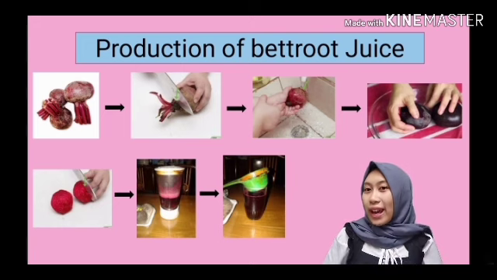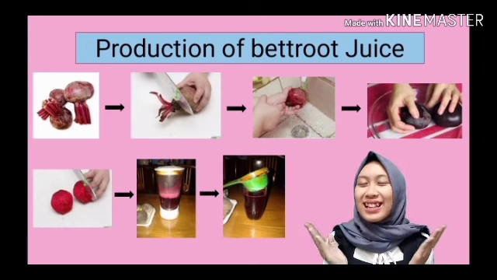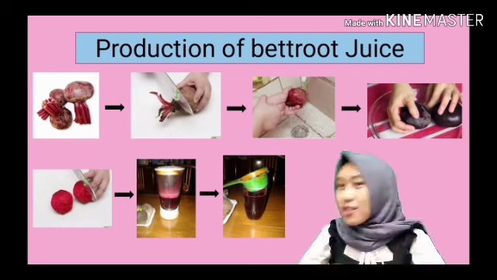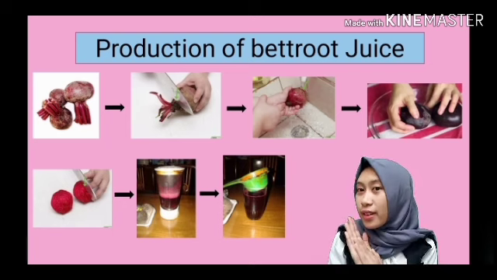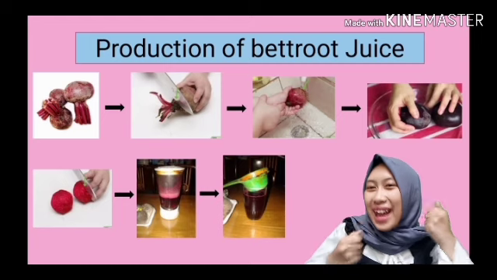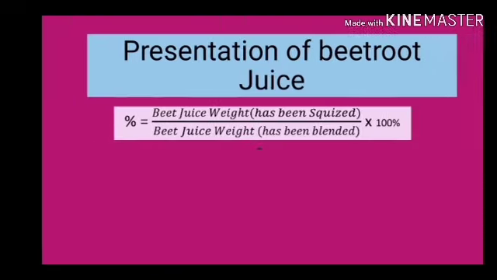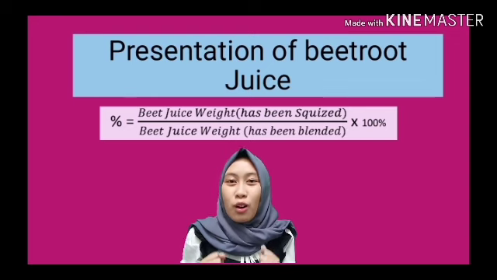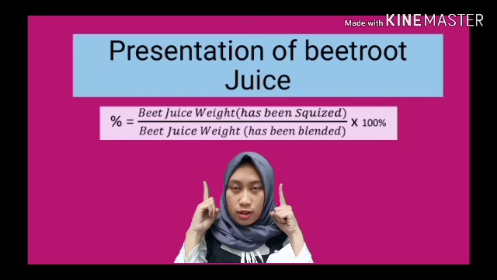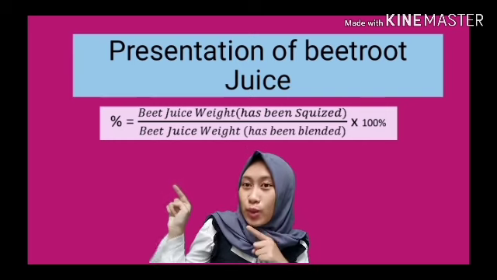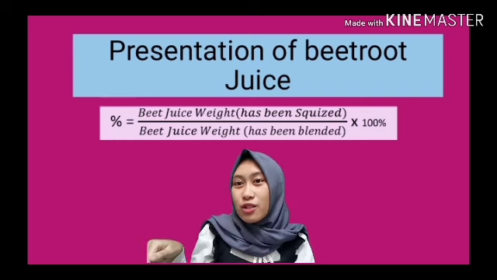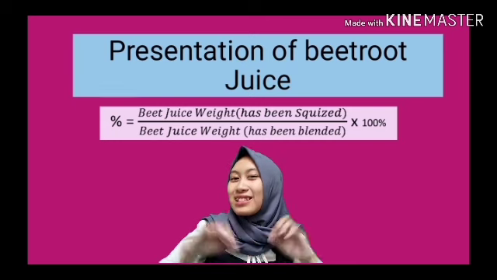First, weigh the fruit, cut the edge of the fruit, wash it, separate the skin, cut the fruit, blend it, and squeeze using a sieve. To find out the percentage of beetroot juice, use this formula: beet squeeze divided by beet juice multiplied by 100%.